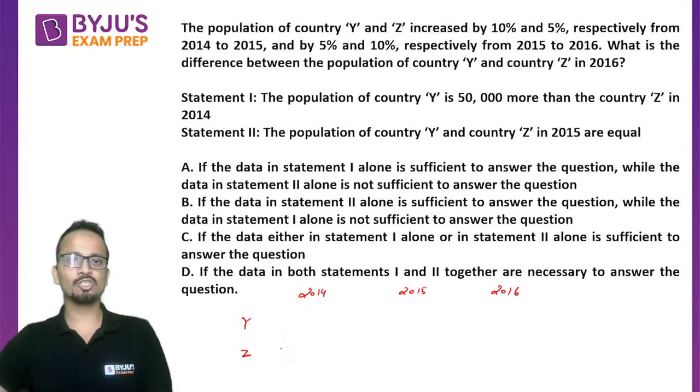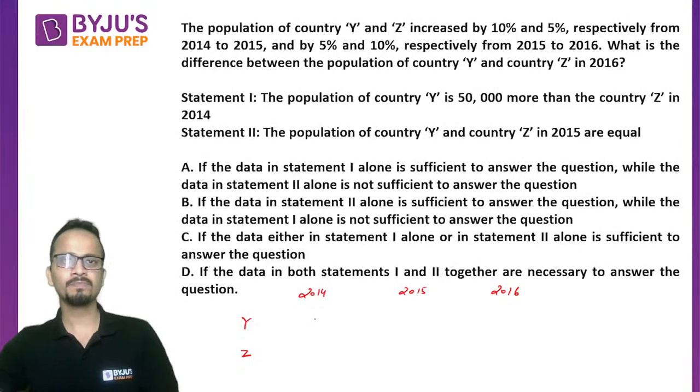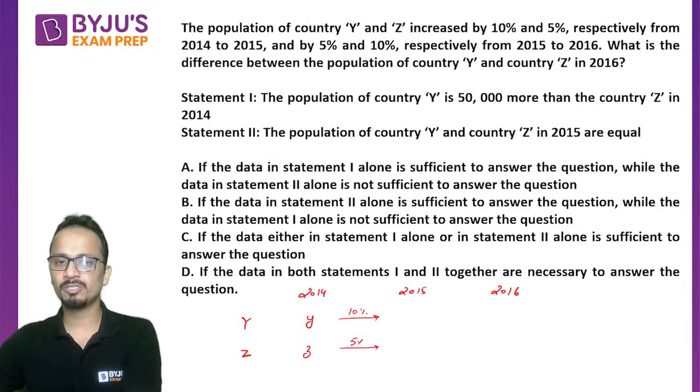All right, let's start solving this one. Now, information given in the question: the population of country Y and Z increased by 10% and 5% respectively from 2014 to 2015. So for Y, if the original value was Y, there is an increase of 10%, and for Z, there is an increase of 5%.